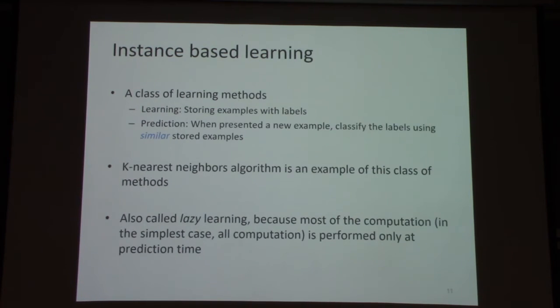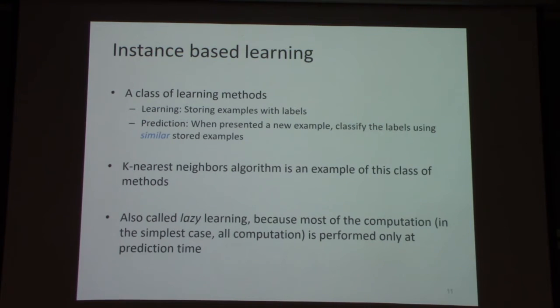So nearest neighbors is the prototypical example of a class of learning algorithms called instance-based learning. Instance-based learning is the following idea. Learning involves just storing all the training set examples, and prediction is when a new example comes in, you discover similar examples in your training set and construct a prediction using them.